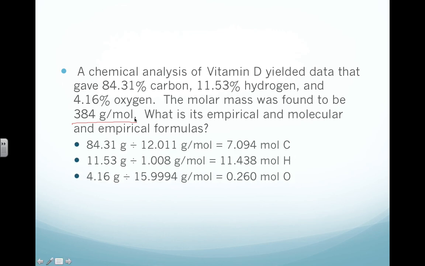So once again, we do the same thing that we did with the empirical formulas. Notice that you want to divide each molar amount by the smallest mole.